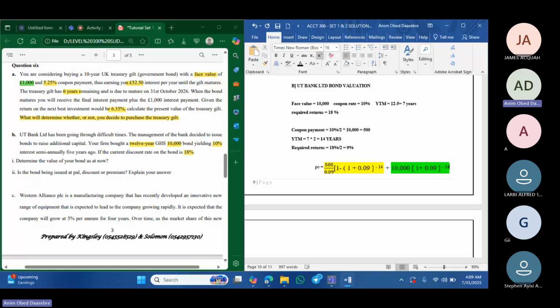Someone should help me with the figures for each of the formula.